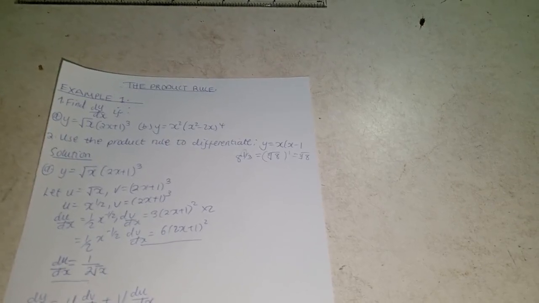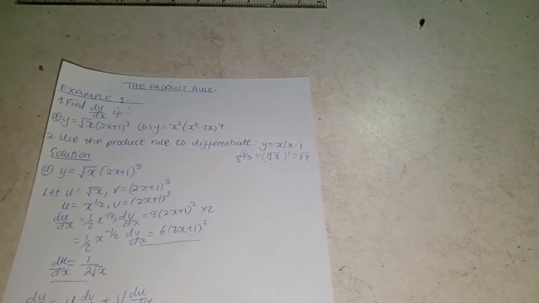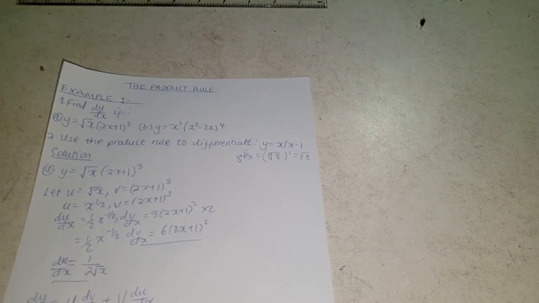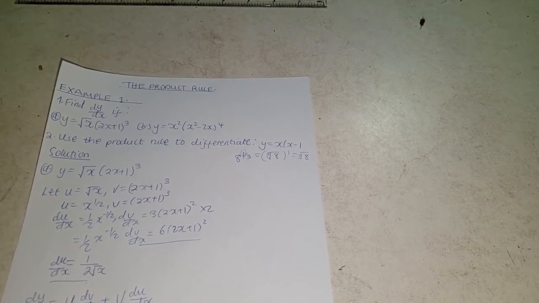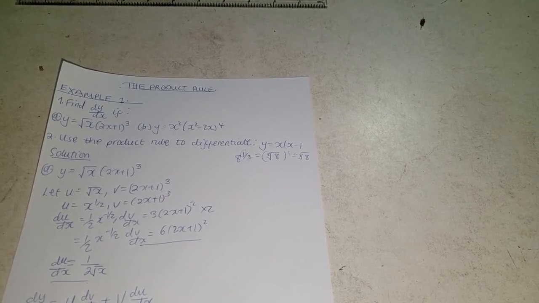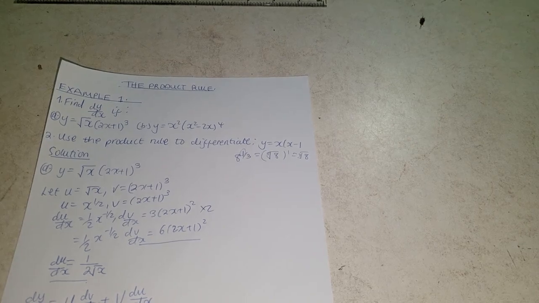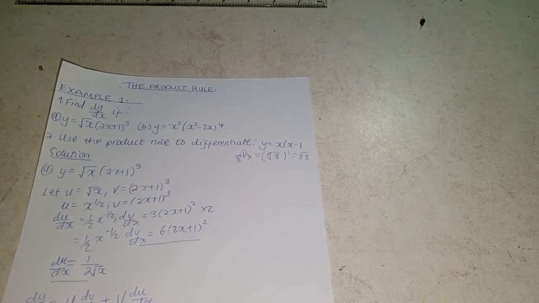And then what is common here, if you look nicely, the square root of x is common, but we cannot factor it out completely. It would be pretty difficult to factor out the root of x.